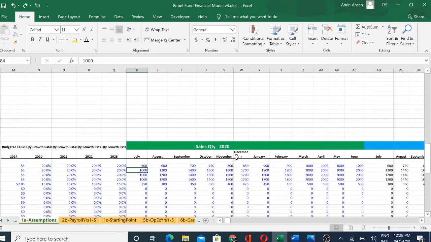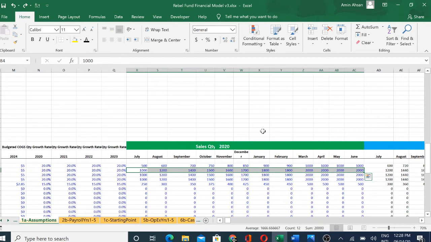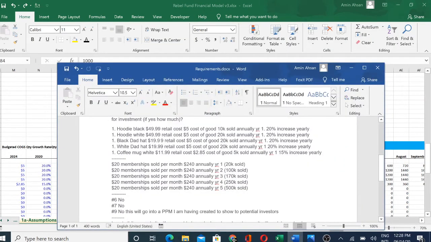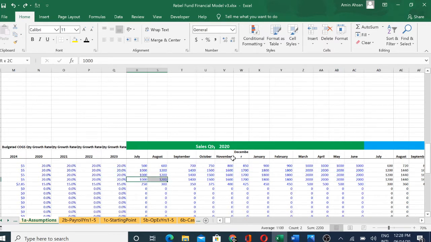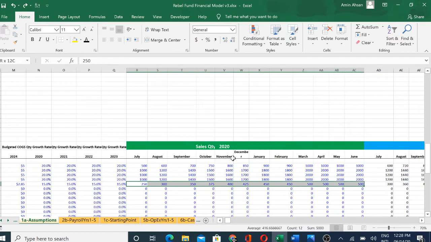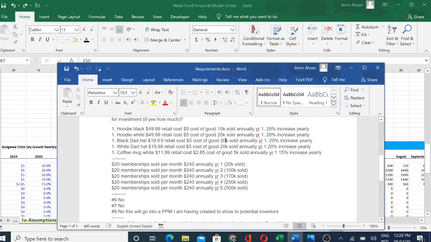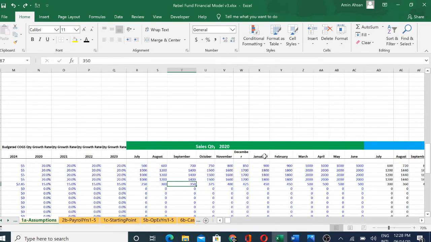For the second product, the sale quantity will be 20,000 for all of the months. The black dad hat is also 20,000, this is also 20,000, and this is also 20,000. And for the coffee mug, the sale quantity is 5,000, the figure you have given.